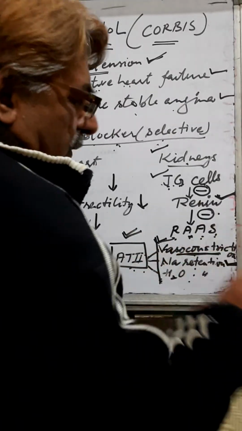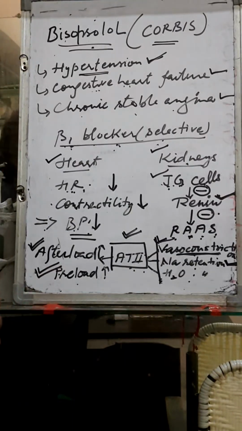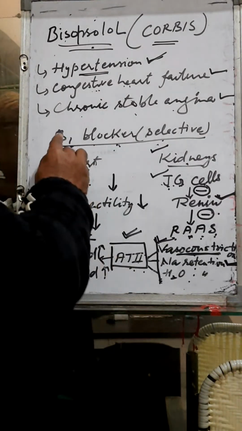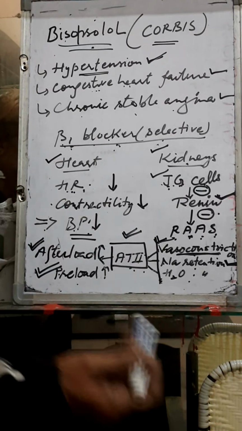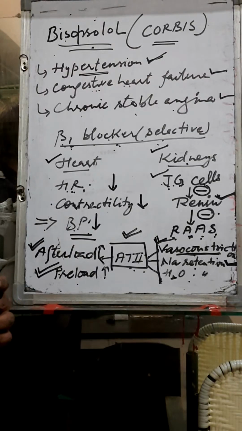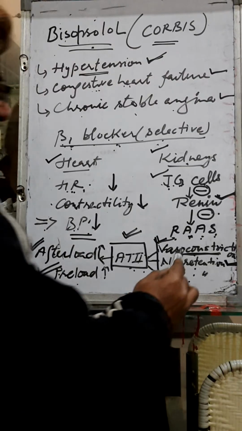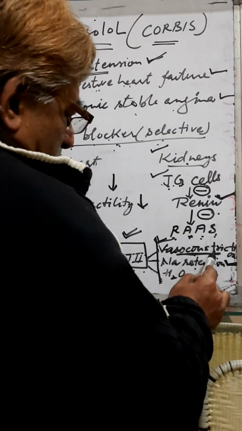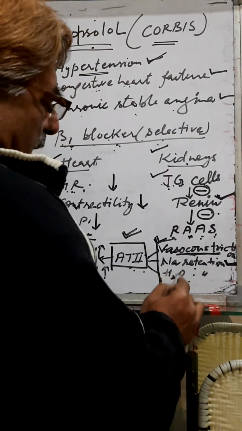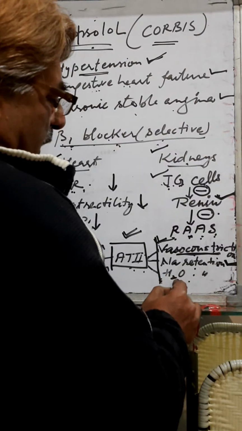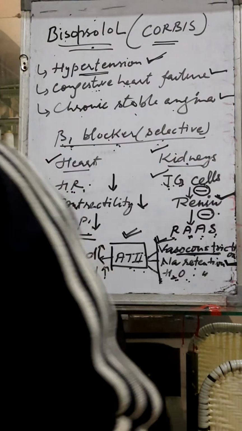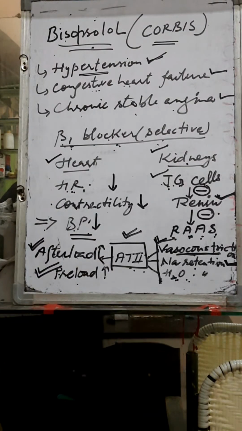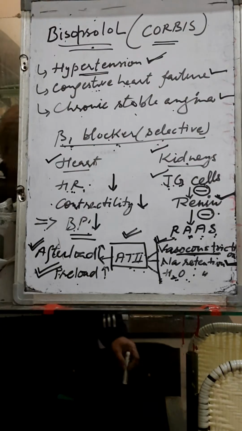Instead, there is vasodilation, because it is a selective beta 1 blocker, so beta 2 receptors, naturally they are vasodilators. So indirectly, vasodilatation happens. Also, sodium and water are excreted because aldosterone secretion is reduced and ADH is also reduced. So preload and afterload both are decreased.